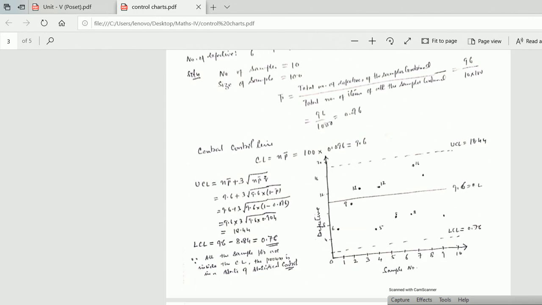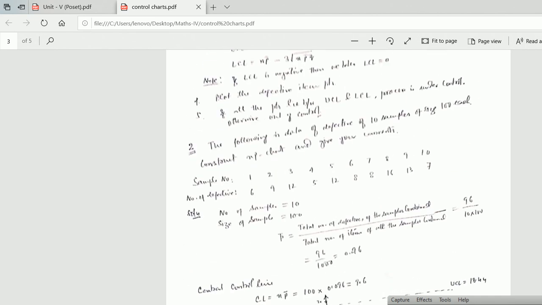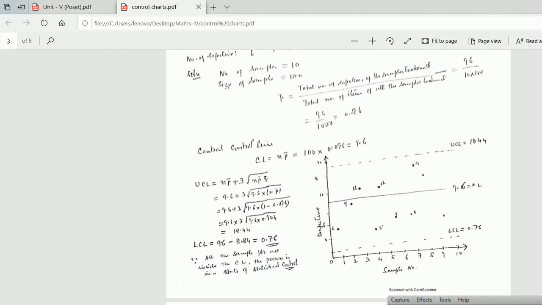And likewise when you draw all the points from this data given, what I am seeing here is that all the points are within the upper control limit and lower control limit. That means all the sample points are within the control limit. The process is in a state of statistical control.